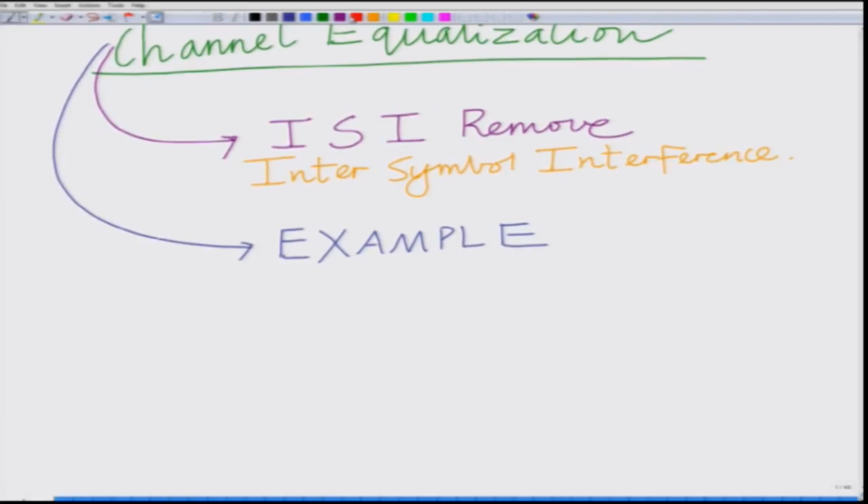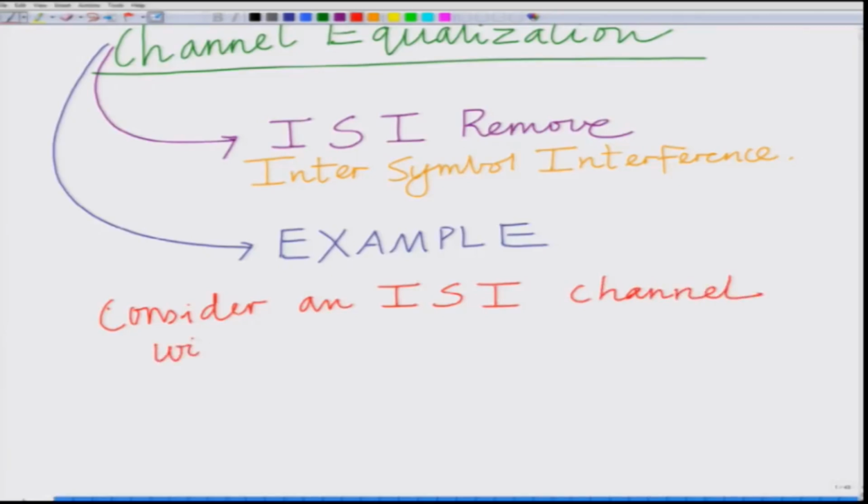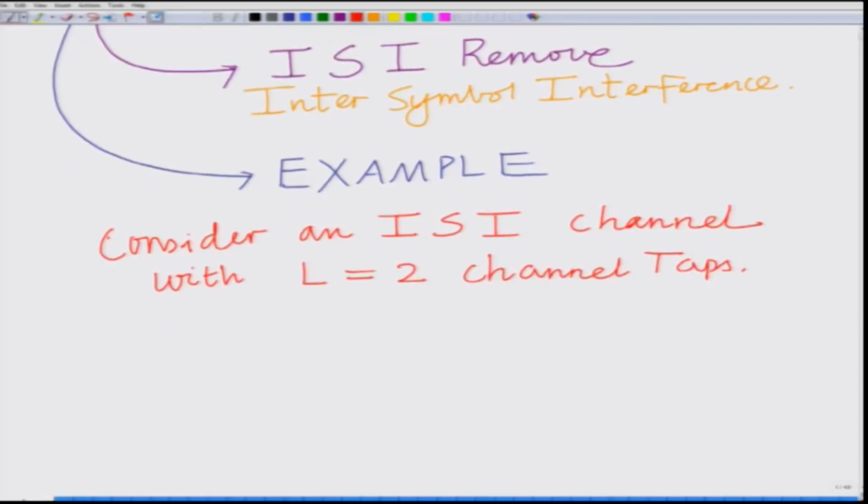Consider an intersymbol interference channel, an ISI channel, with L equal to two channel taps.